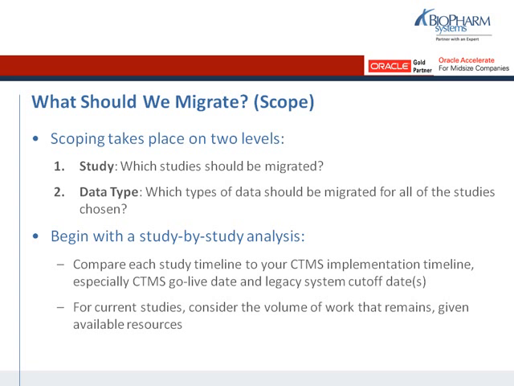So if you've made a decision that historical data can stay in the legacy system, then short-term studies will typically fall into that bucket as well. Since there'll be little overlap, if the studies end shortly after the new CTMS system goes live, the easiest thing to do is let those studies end in the legacy system as well.